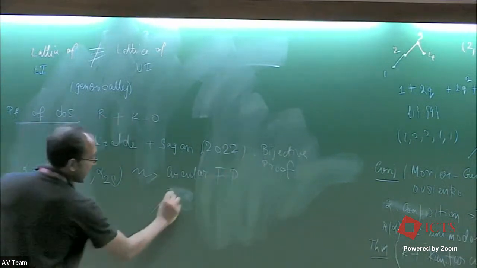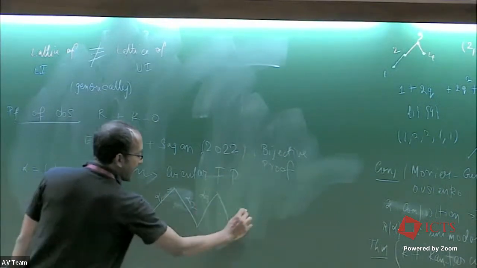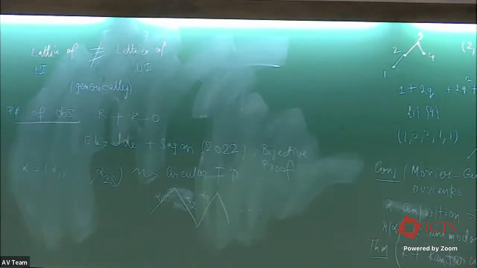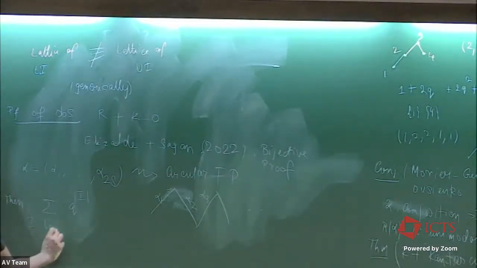Okay, so it goes up by size alpha 1, goes down by size alpha 2. Then what we have is, if you look at this thing, the summation of q to the power of I, where I is a lower ideal. So this is the rank polynomial. Then this rank polynomial is symmetric.